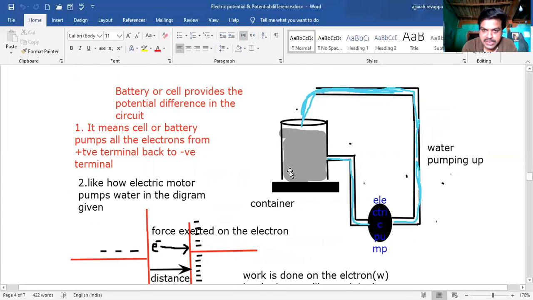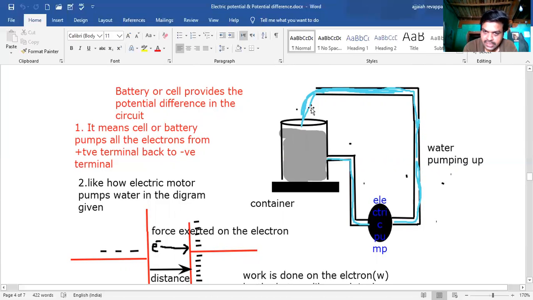See, in this diagram, there is a tank containing water, kept at the terrace, on the first floor, so at a greater gravitational potential. Now a pipe is connected to the ground floor, where an electric pump with a motor is assembled to this system. Again, from the electric pump, there is a pipe assembly back to the tank.